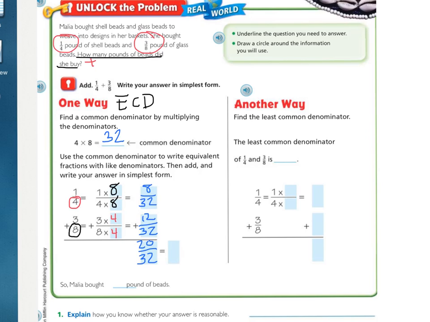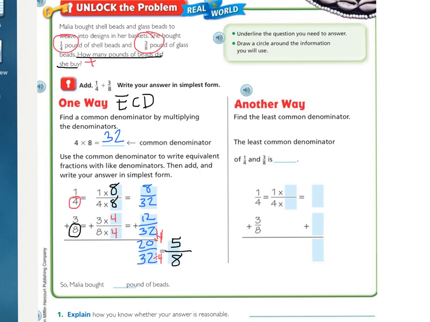So if I take 20 divided by 4, that will give me 5. And if I take 32 divided by 4, that will give me 8. And we divided by 4 to make my simplest form. So that's one way.